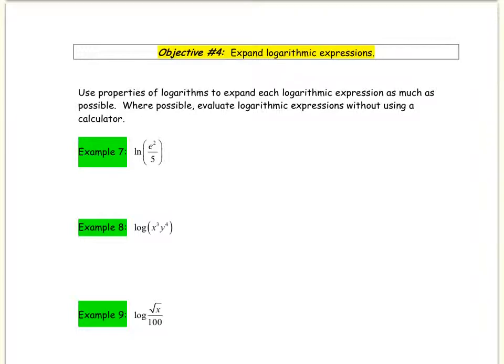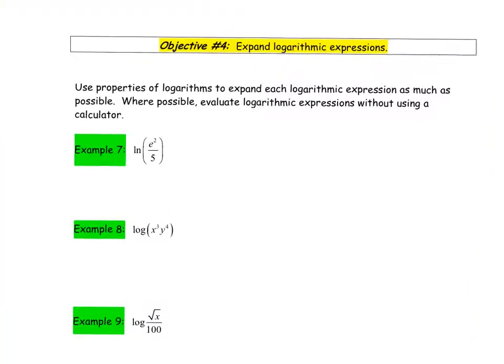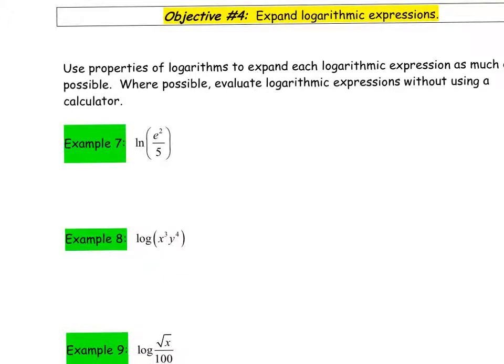Expand the logarithmic expression. So they're asking us to expand the logarithmic expression here. So we're going to use whatever we can: the addition property, the multiplication, the subtraction property, and the power property. I know that this is single log. Single log now becomes double log, and this is division, so it becomes subtraction.